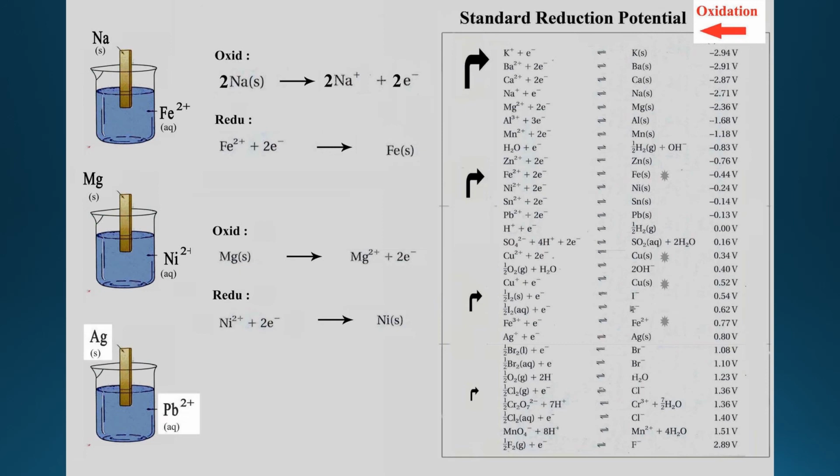Ag, Pb. Top flows to bottom. So no reaction takes place, because the Ag solid cannot become dissolved.